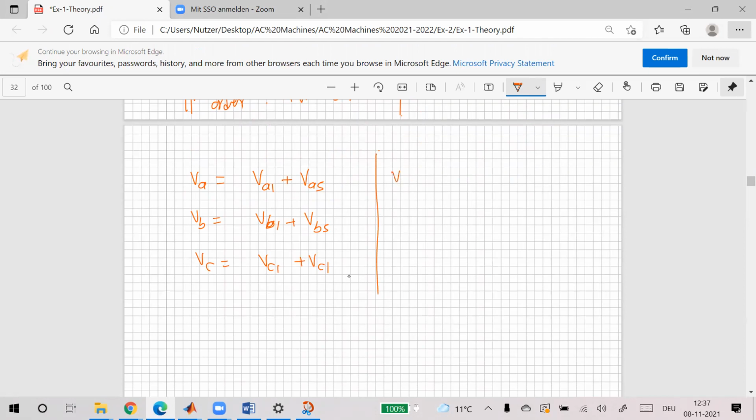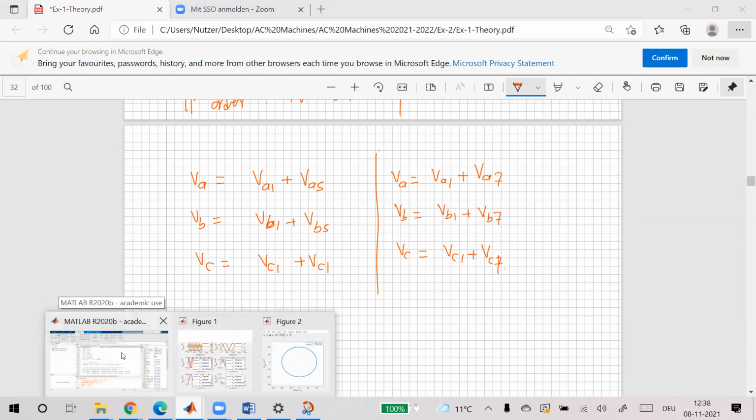And in the second part, we want to add the 7th order harmonics, and see their alpha beta plot and DQ plot. So now we no longer analyze just one frequency. We want to analyze 2 frequencies, and see their alpha beta plot. Let's see how it looks.